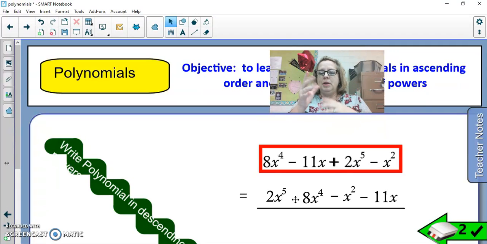When you put your polynomial in descending order, that is called standard form. You always want to have your polynomials in standard form. So anytime you see a polynomial, look at the exponents first and put them in descending order.